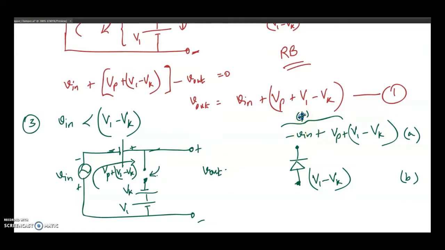Therefore, Vp minus Vn is always a positive value. In short, V1 minus Vk plus a positive value. That is the voltage here. And here it is V1 minus Vk. Definitely, the voltage at this point is greater than the voltage at this point. Voltage at N is greater than the voltage at P. Therefore, the diode remains reverse biased.